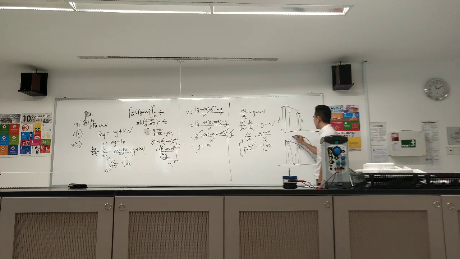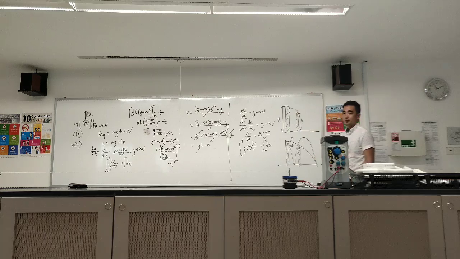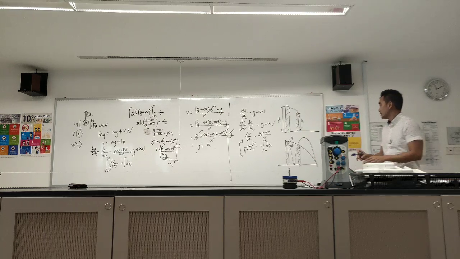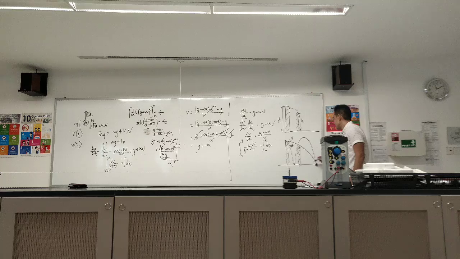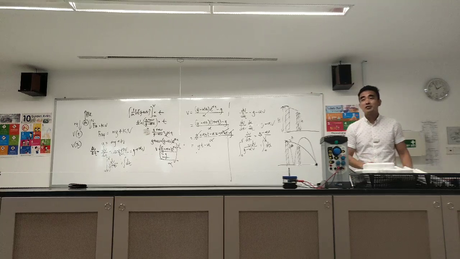Remember this? You've got two walls over here, one big height H, one small h. I project two projectiles horizontally, and they hit the same point eventually. The question is, what is the ratio of h to H?